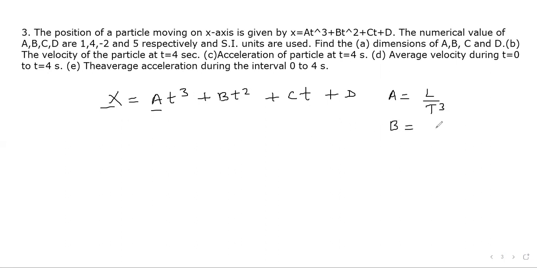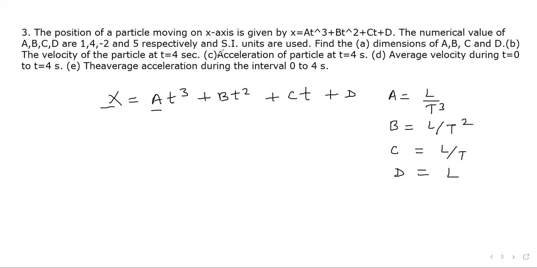Similarly, dimension of B will be L divided by t square. Dimension of C will be L divided by t, and dimension of D will be that of x, which is L. This can be written as LT power minus 3, similarly, LT power minus 2, LT power minus 1, and L.